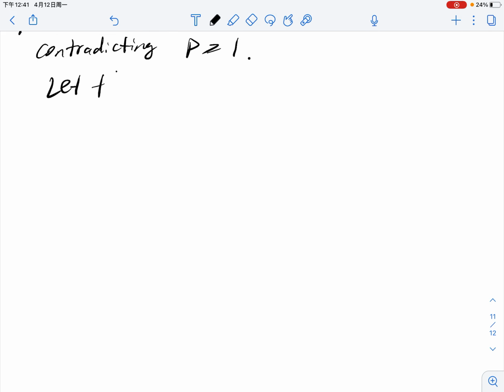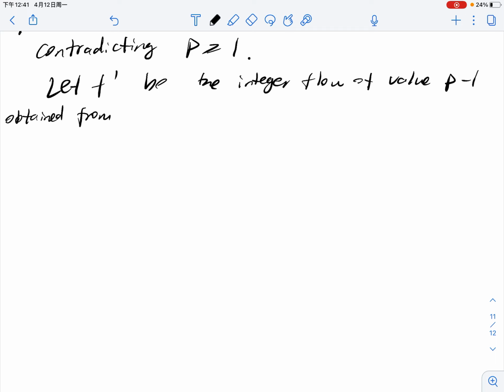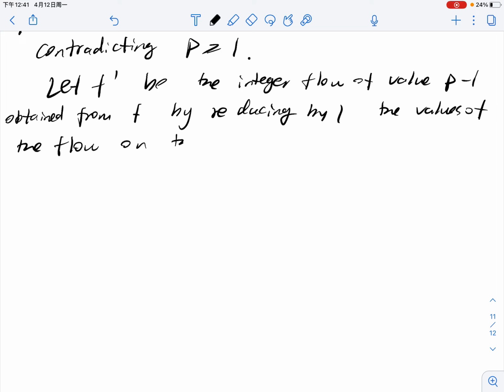Okay, then let f prime be the integer flow of value p minus 1 obtained from f by reducing by 1 the values of the flow on the arcs of gamma.